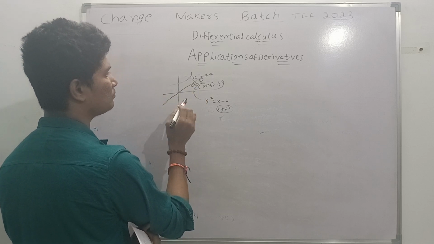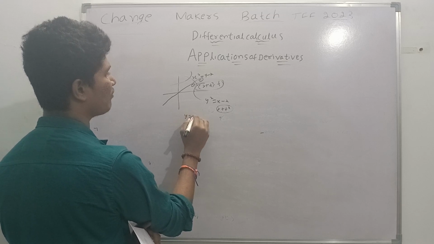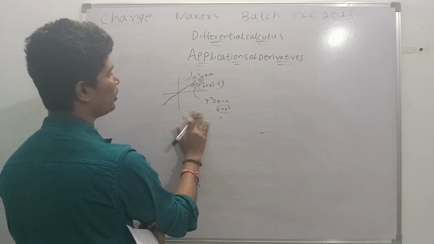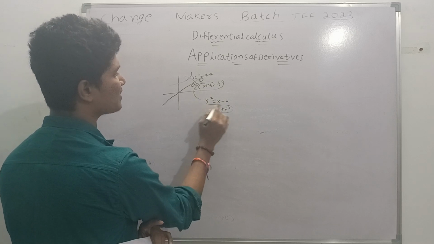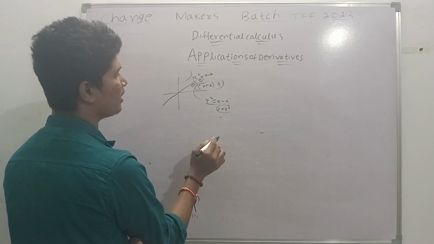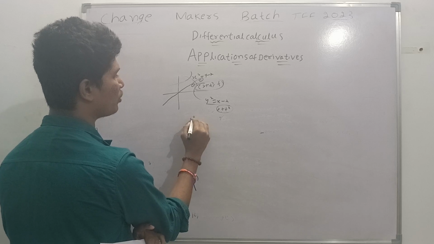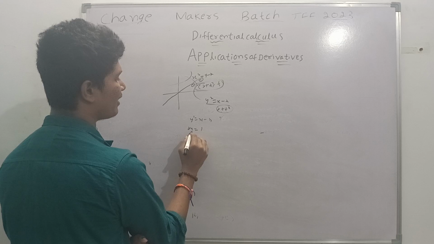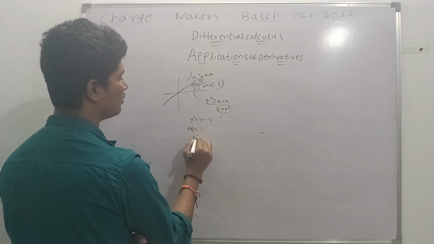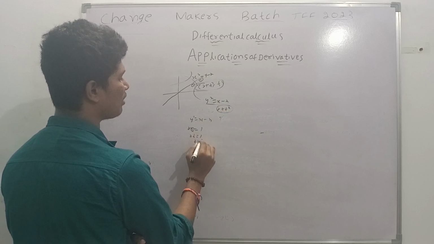Understand? And also y equal to x. Here the point is 2 plus t square comma t, on y square equal to x minus 2. Now we equate the slope. Differentiating, 2y dy by dx equal to 1, that is 2y equal to 1, and y is t. So 2t equal to 1, t equal to half.